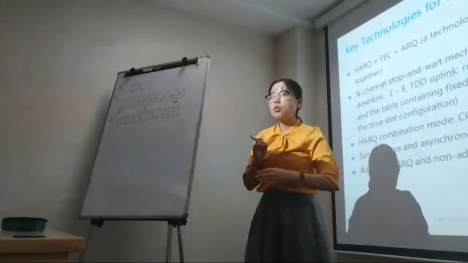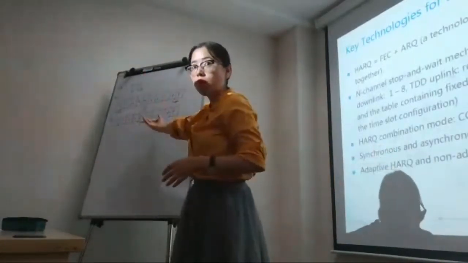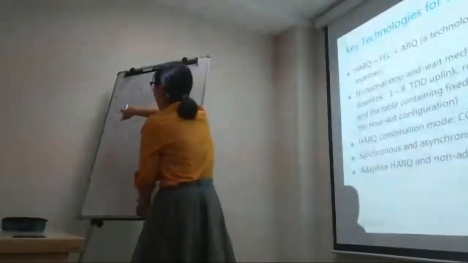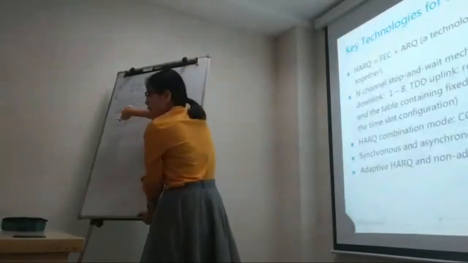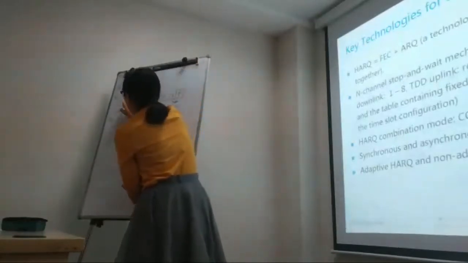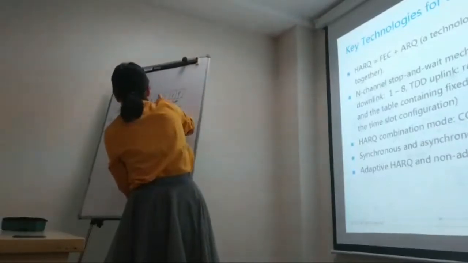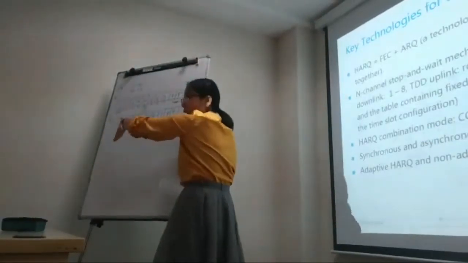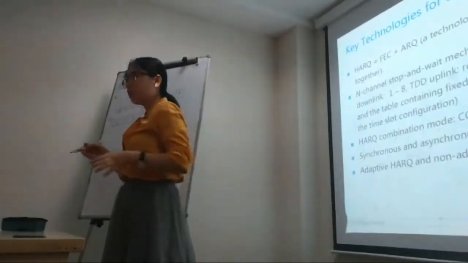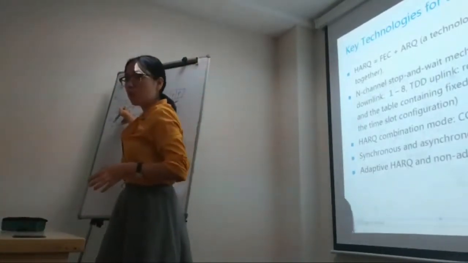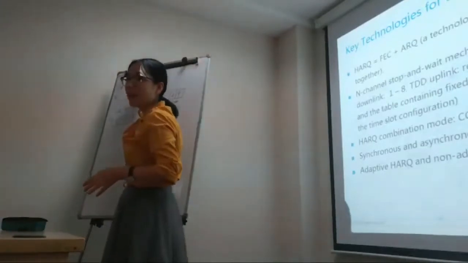So in order to enhance the resource efficiency, when I'm waiting for the first data feedback, I can also transmit other new data in this subframe. So how? Every subframe, the data transmitted will have a fixed time delay.